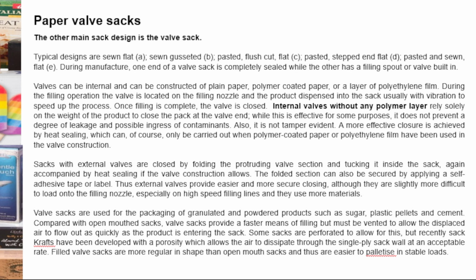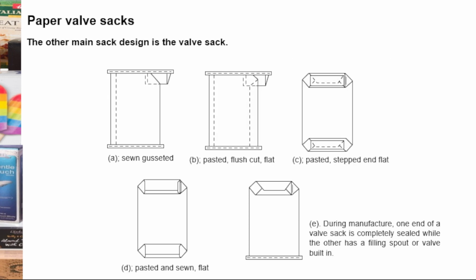Some sacks are perforated to allow for this, but recently sack krafts have been developed with a porosity which allows the air to dissipate through the single ply sack wall at an acceptable rate. Filled valve sacks are more regular in shape than open mouth sacks, thus easier to palletize in stable loads. These are the designs of the main sack, the valve sack.